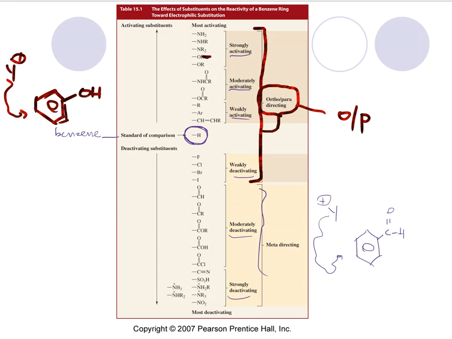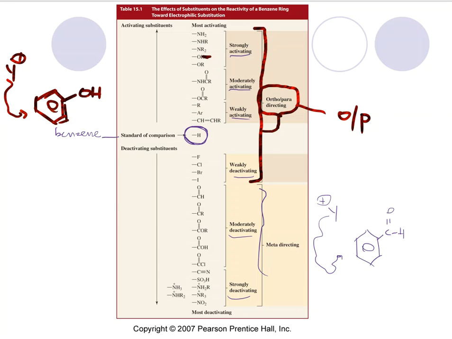I'm going to be directing the traffic. I was here first. I'm going to tell you where you need to go, and you can't boss me around. And that C double bond O H basically tells that incoming group, listen, you have one spot only to go to, and that one spot is going to be a meta position to me.